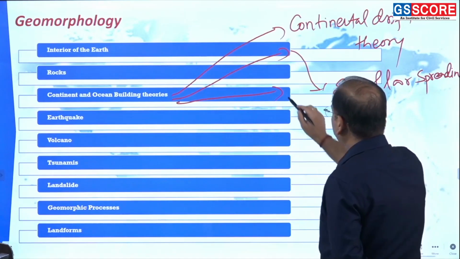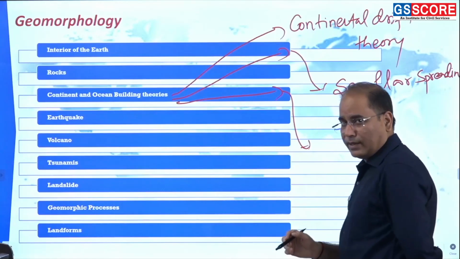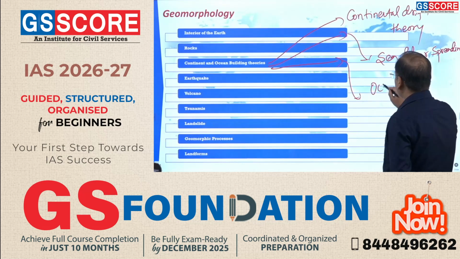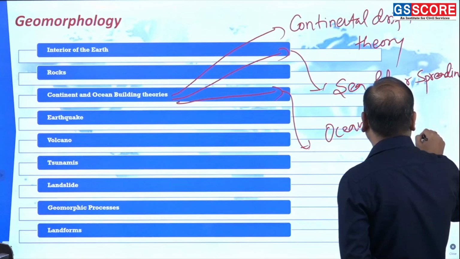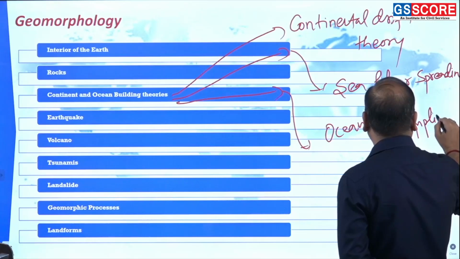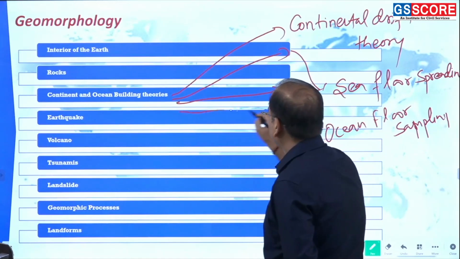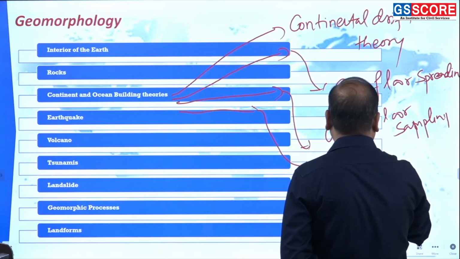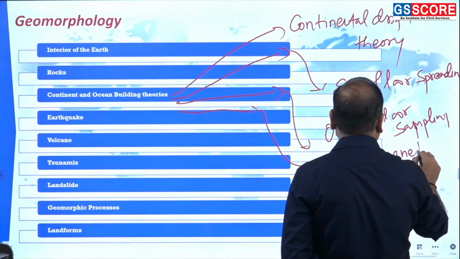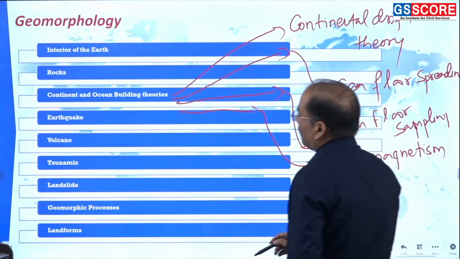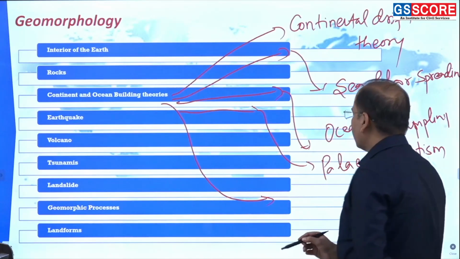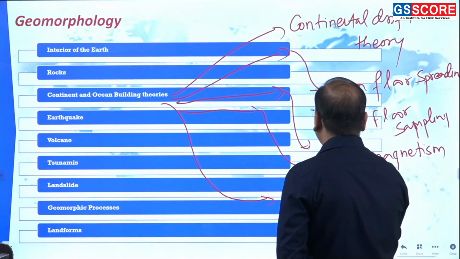The evidence for seafloor spreading has been given by ocean floor sampling, so ocean floor sampling needs to be studied. Along with this, the concept of paleomagnetism needs to be studied.